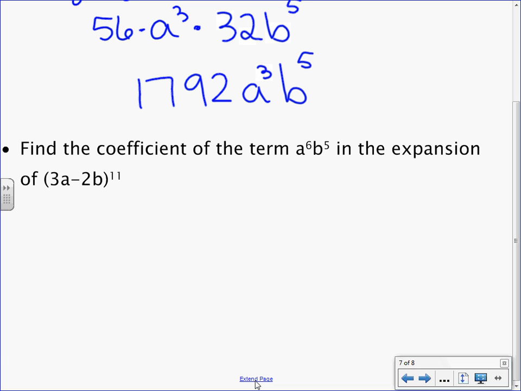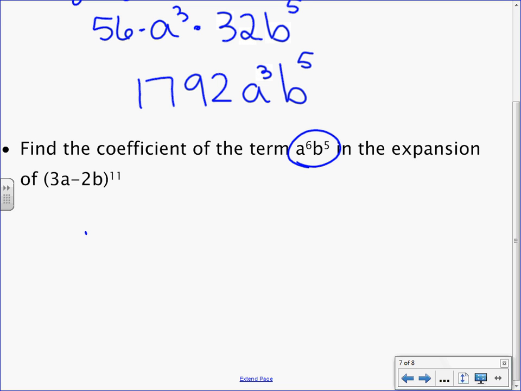Now, I want the coefficient of a to the 6th, b to the 5th. Is it as simple as just the combination? No, because I have 3a and negative 2b. That 3 and negative 2, those are going to affect the coefficient. So, first of all, let's go ahead and just set up.